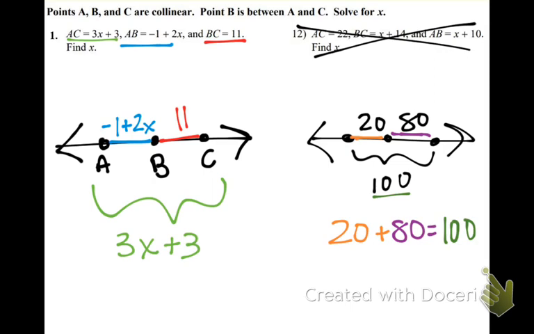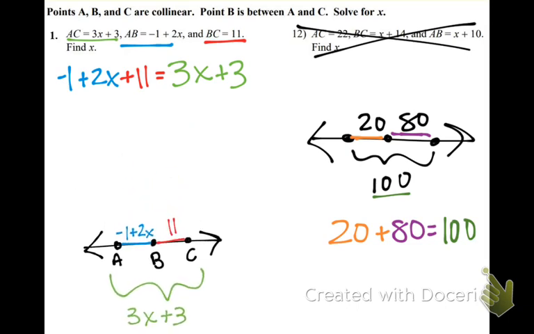What's the full length of AC? 3x plus 3. So I'm going to add these two together, and they will equal the full length. Just like here, 20 plus 80 equaled the full length, which is 100. We're going to do the same thing over here. So we're going to write -1 plus 2x plus 11. So those are the two pieces of the line, and they are going to equal the full length of the line, which is 3x plus 3.